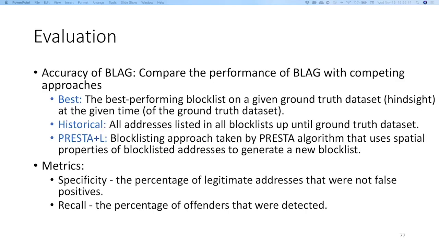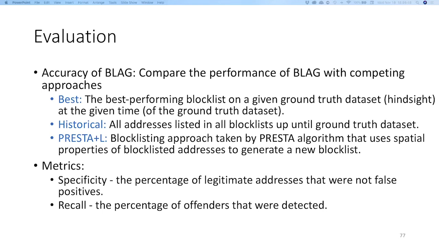In order to capture the accuracy of BLAG, we compare with three competing approaches. The first competing approach is the best approach, where we identify the single best performing block list for any given data set. Note that this is a hypothetical situation because a network operator would not know which block list would actually perform best under a given situation.